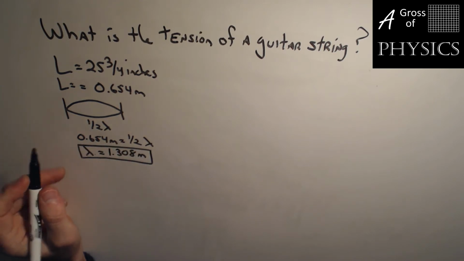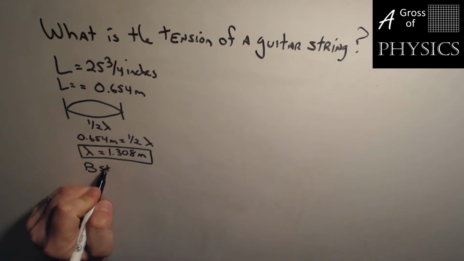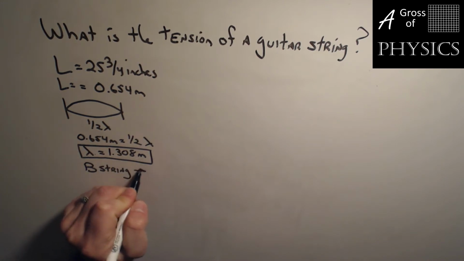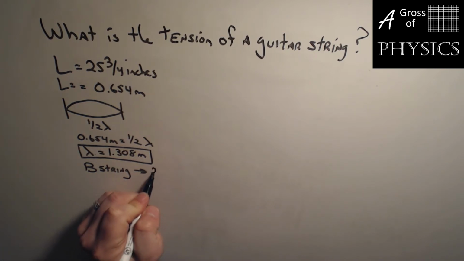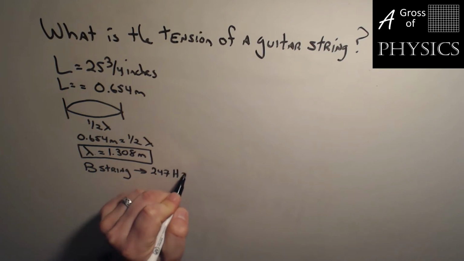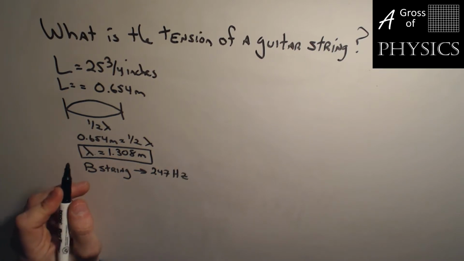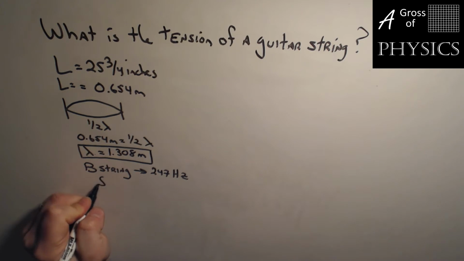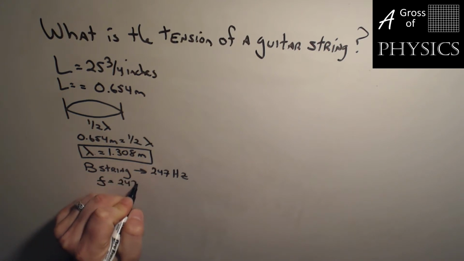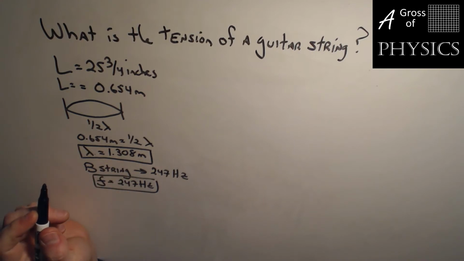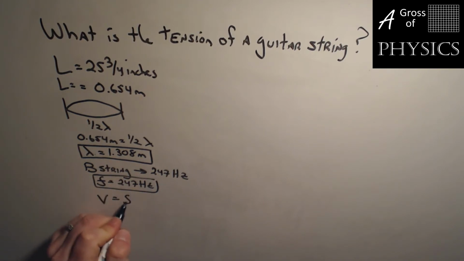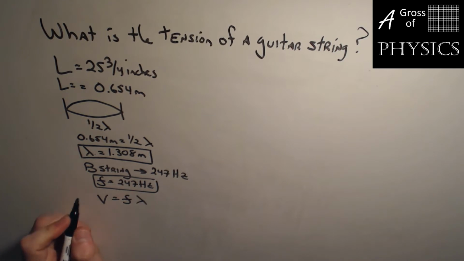Now, what is the string that I played? I played the B string. What's the frequency of an in-tune B string? I looked it up, and it's 247 hertz. So F is 247 hertz. Now, if we know lambda and frequency, we can do V equals F lambda to find how fast the wave is going, and we multiply the two.